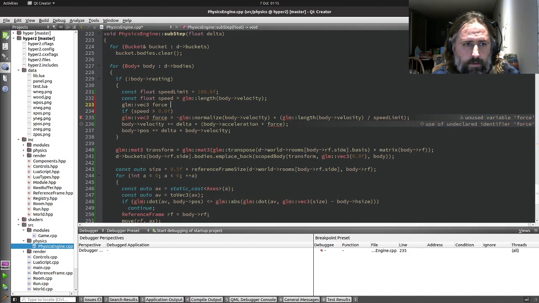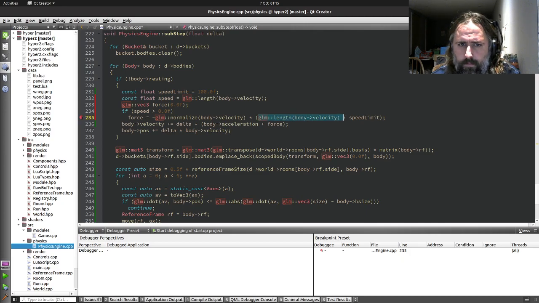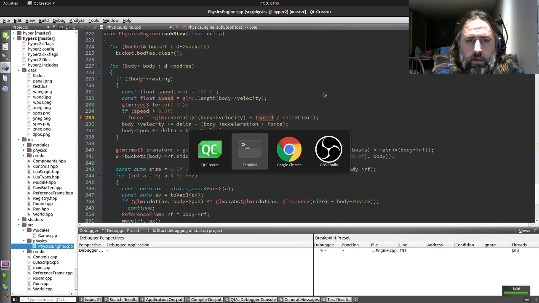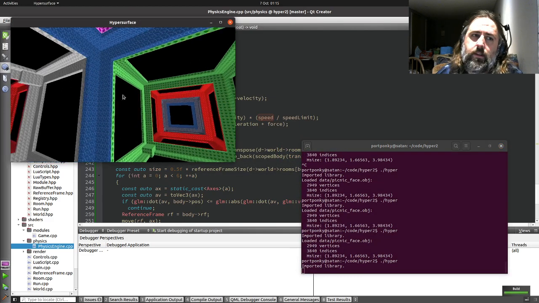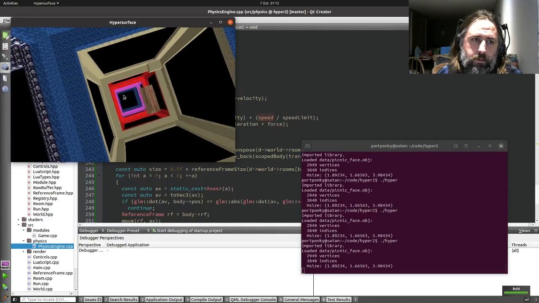Actually, that force, it's just some force, it's a zero force. This is a little bit messy now. But anyway, the ins and outs of it I can tweak offline. Okay, there we go.